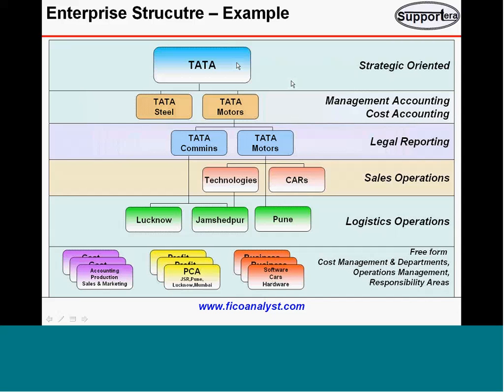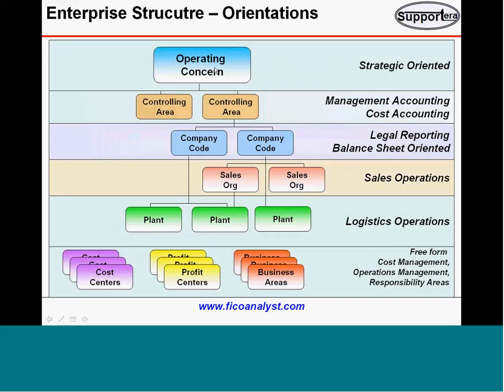So when we talked about being strategic oriented, operating concern wise, just imagine when I am going to report here, what is it that I am going to report? Can you guess? At the end of the day, you have to report revenue and cost, which make up your profit or loss.